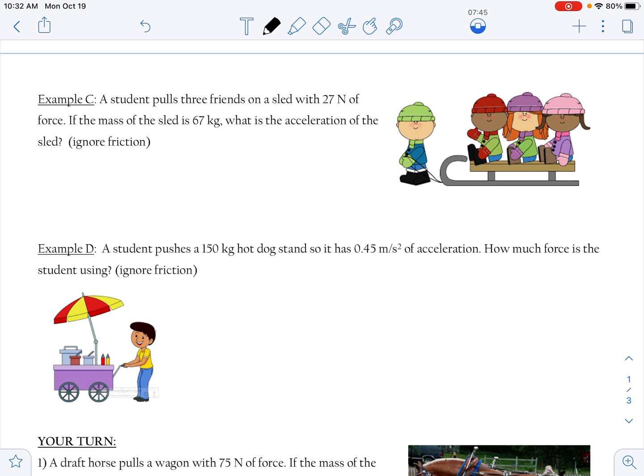So we have a student who is pulling 3 friends on a sled with 27 newtons of force. That's going to be important. The mass of the sled is 67 kilograms, and I would like to know what is the acceleration of the sled, and I get to ignore friction in this problem. All right, so we'll write down what we know.